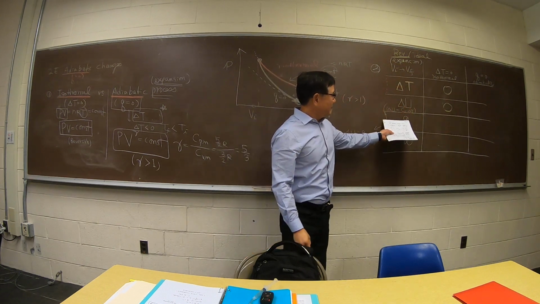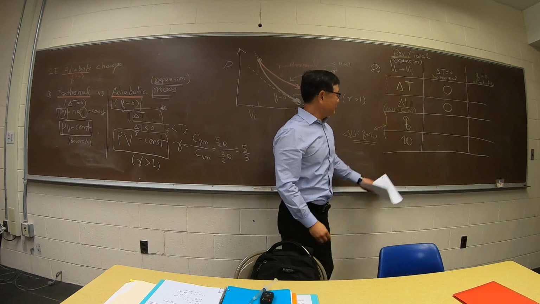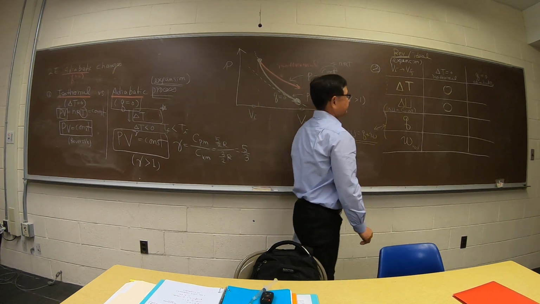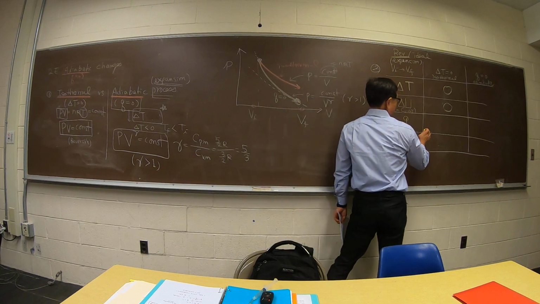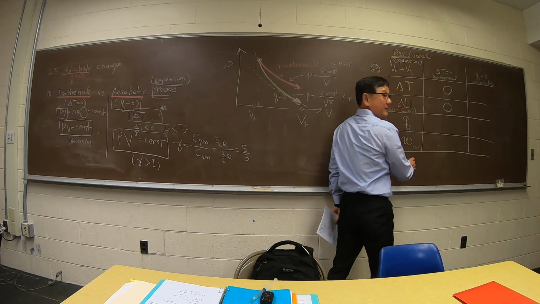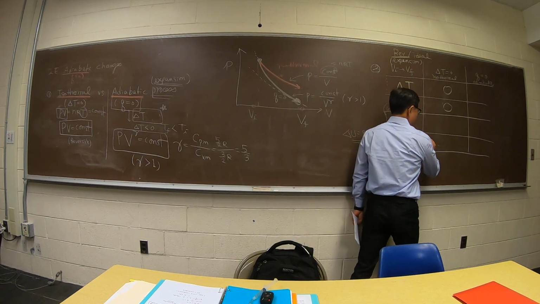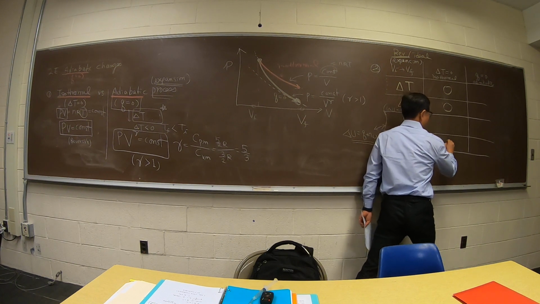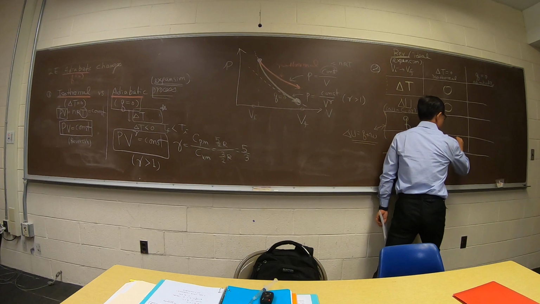So then you just need to calculate those two, right? I guess the reversible work. This one, do you remember we calculated this one is minus nRT natural log VF over VI.